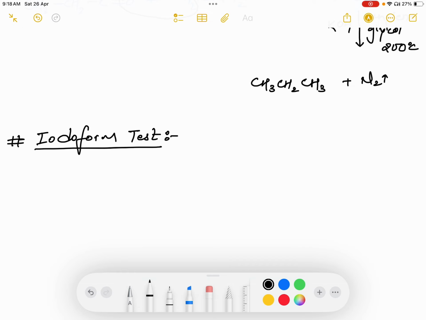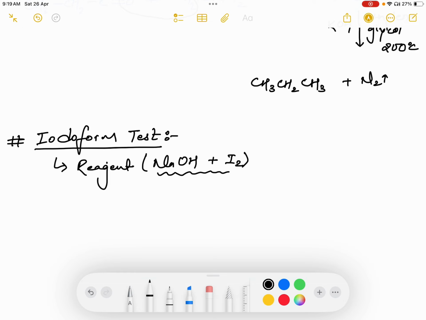For the iodoform test, what was the reagent? The reagent being used was NaOH and I2, that is, an alkaline solution of iodine.